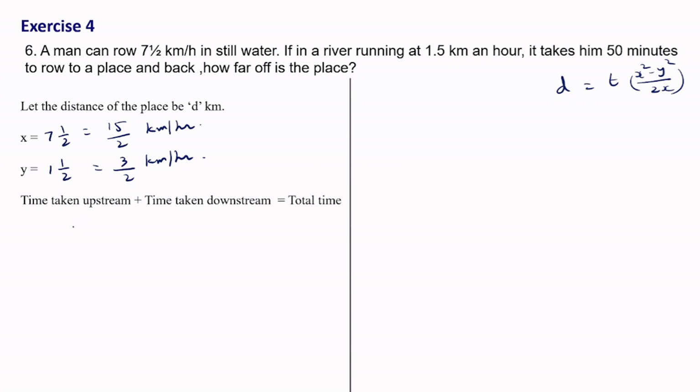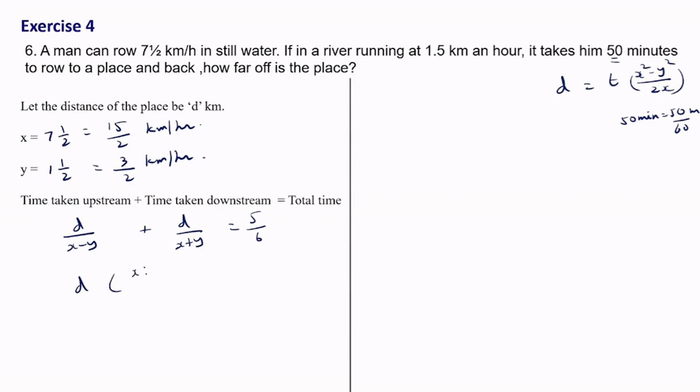Time taken upstream is d upon x minus y plus time taken downstream is d upon x plus y. This is equal to the total time, which is 50 minutes. 50 minutes is nothing but 50/60 hours. So this is 5/6.